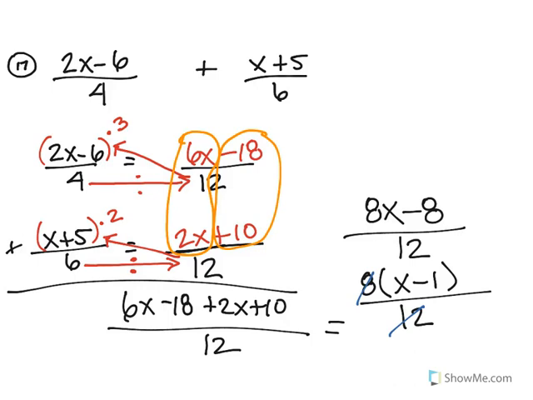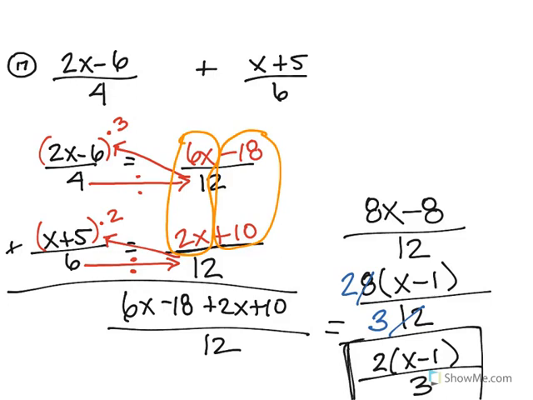So 4 goes into 8 and goes into 12 three times. So your answer is 2 times x minus 1 all over who? 3. Do y'all see that? Do y'all see what we did?